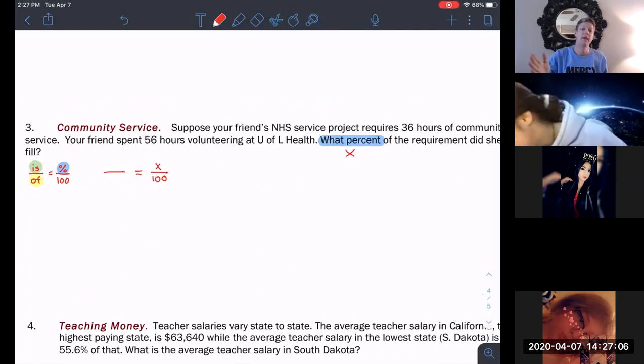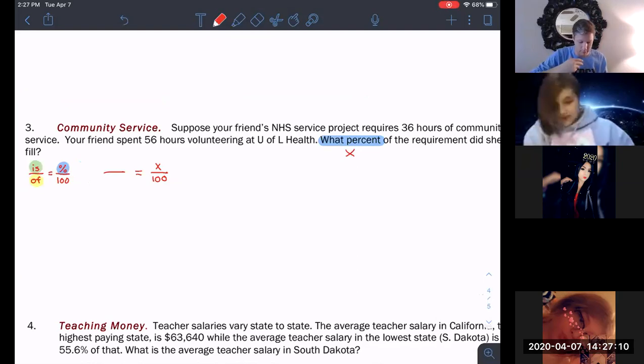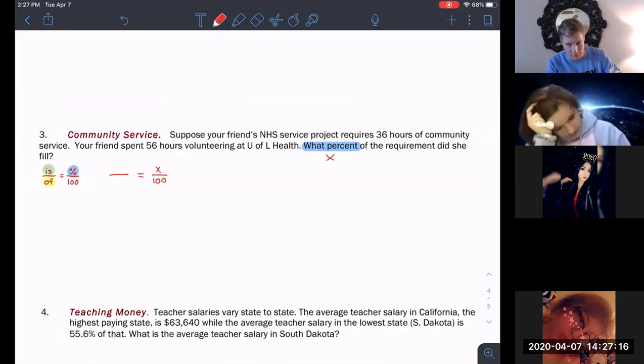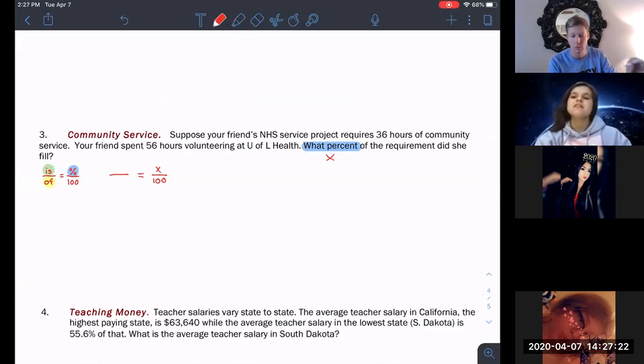That means they must have given us the part and the whole thing to put into the other side of the proportion. Now you just have to figure out, and this is a tricky one, so use your brains here, which one is the whole requirement for the community service project, and which one is the part that your friend completed. 36 hours is completed.